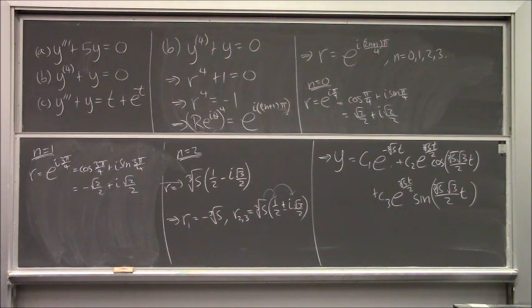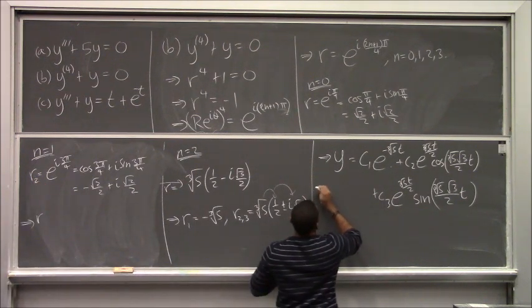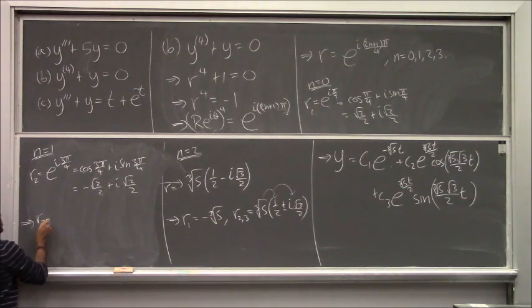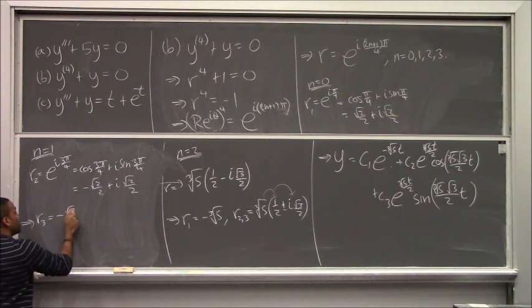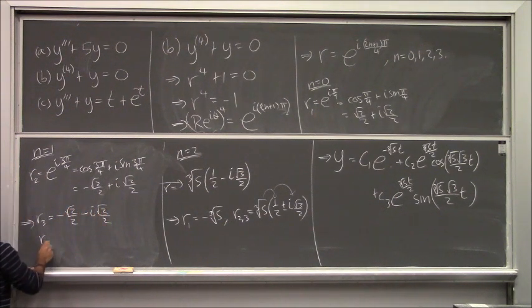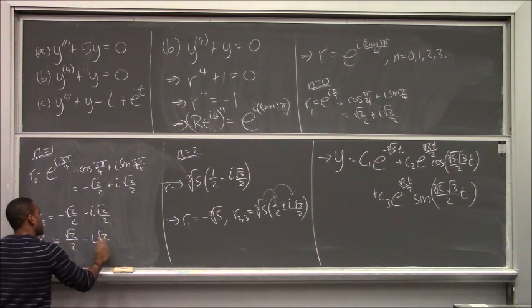And I already know the other side. So this is my, say, r2, that is my r1. And my r3, I don't even know if this is the particular order, but it doesn't matter. It's going to have a minus for that one, and then r4 is going to have a minus for the other one.